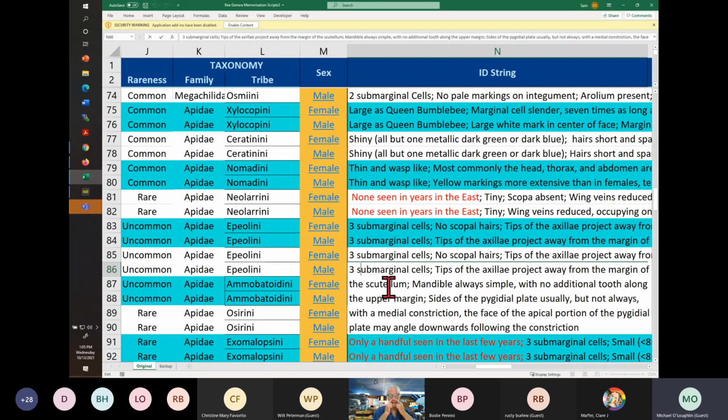And the pygidial plate is a key one. Usually that's what people would use to tell the males apart between Epeolus and Triepeolus. And in Triepeolus, it's very parallel-sided, and there is usually, but not always, a secondary plane, let's call it, or dividing line, often demarcated by an actual raised line on the pygidial plate that further differentiates it.